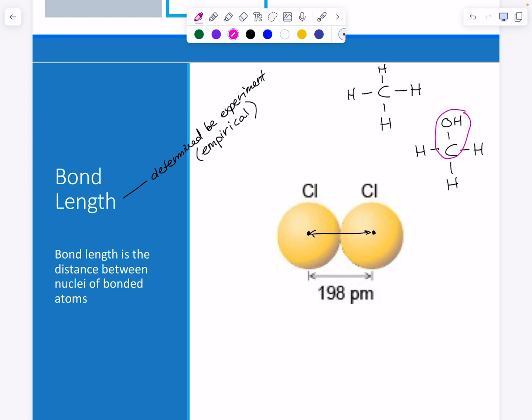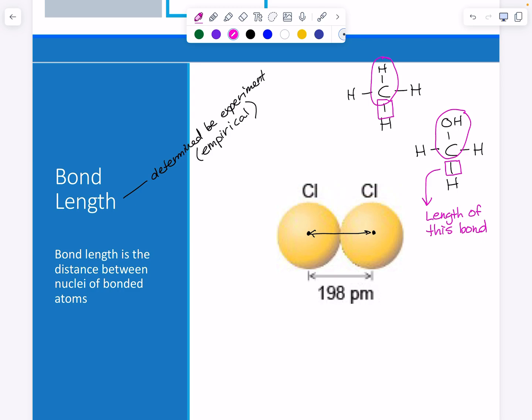If we're thinking about just the length of this bond, it is going to be very similar, but not the exact same as the length of this bond.